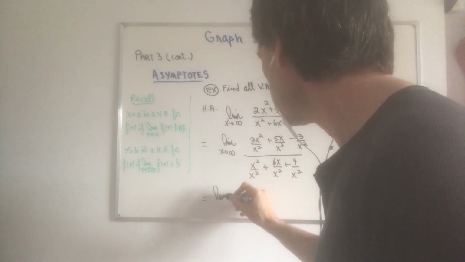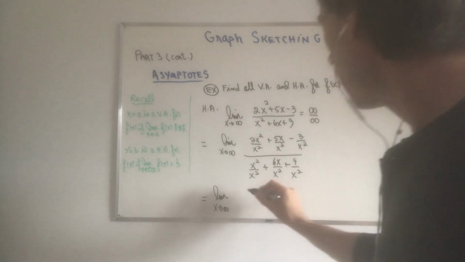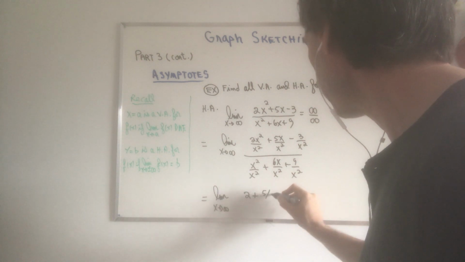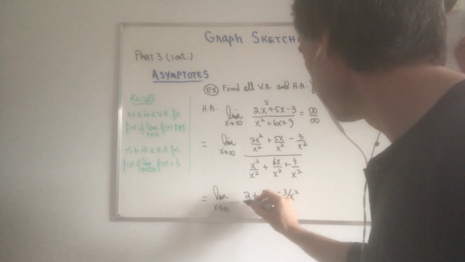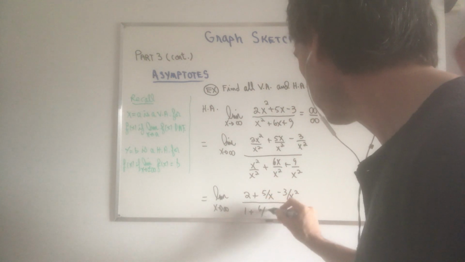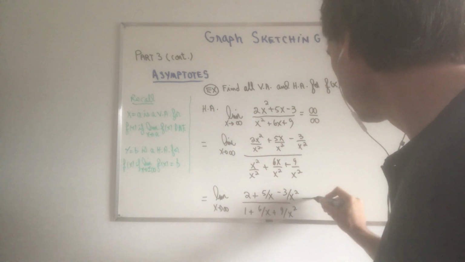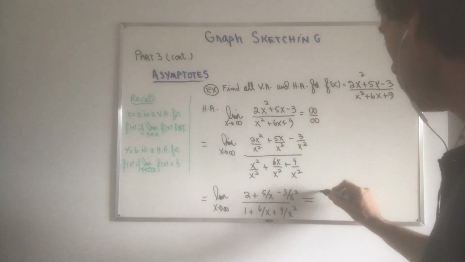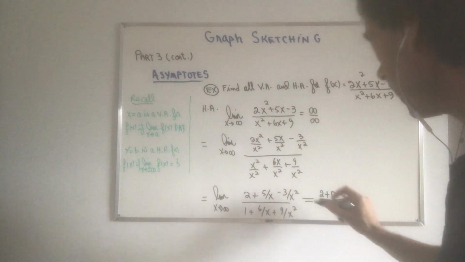So this is the limit as x approaches infinity of, let's simplify, 2 plus 5 over x minus 3 over x squared, tutti quanti, over 1 plus 6 over x plus 9 over x squared. Let us cheat. Let us replace x with infinity. It's going to be 2 plus 0 minus 0. Why?